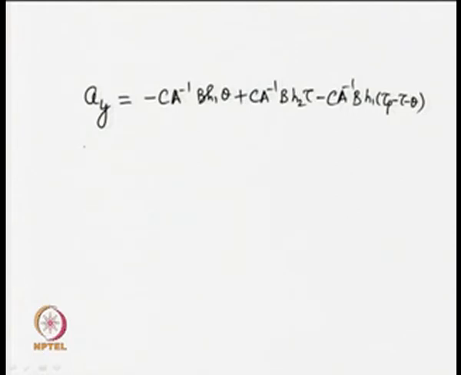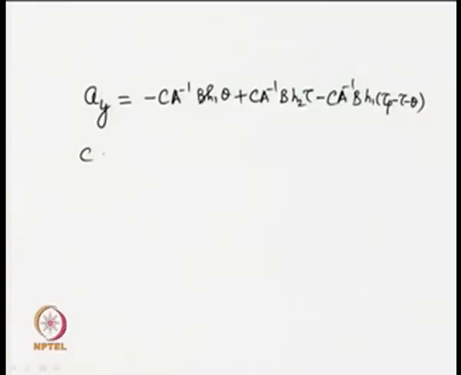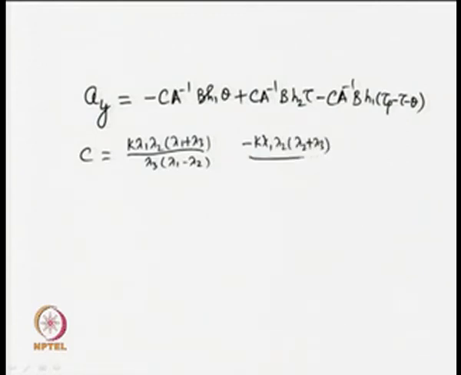We know that from the state space model of the second order plus dead time transfer function model, we have obtained C. C is equal to k lambda 1 lambda 2 lambda 1 plus lambda 3 upon lambda 3 lambda 1 minus lambda 2 and the other element is minus k lambda 1 lambda 2 lambda 2 plus lambda 3 upon lambda 3 lambda 1 minus lambda 2.